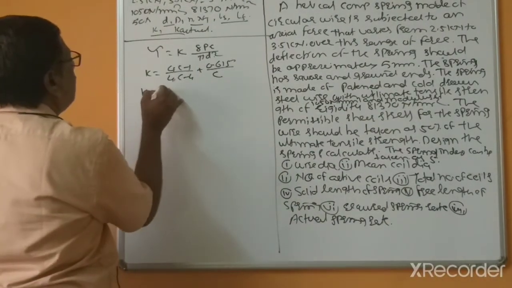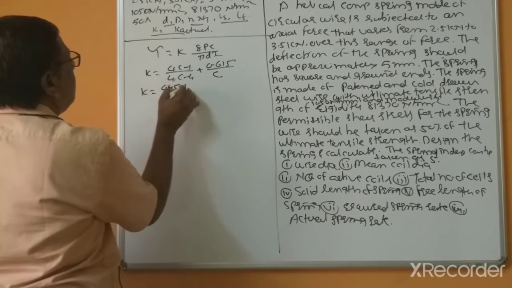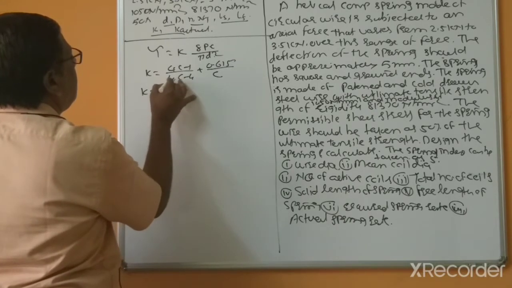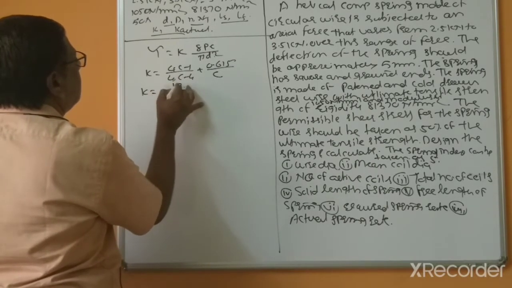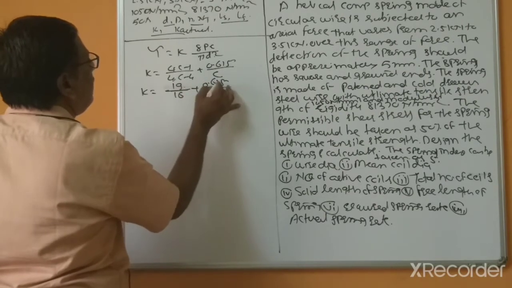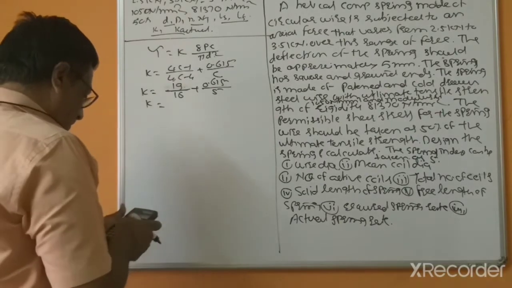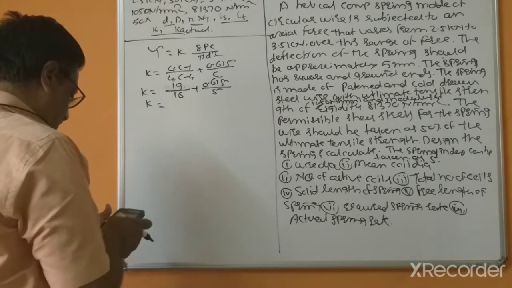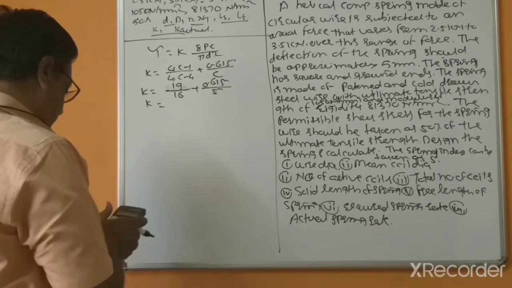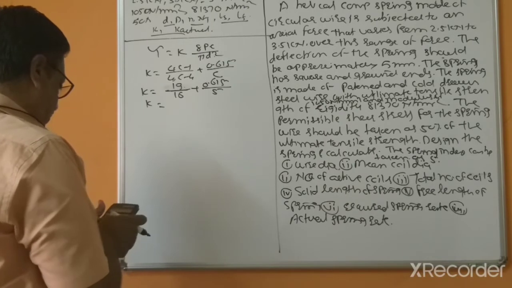K equal to (4 into 5 minus 1), so this is 19 divided by 16 plus 0.615 divided by 5.